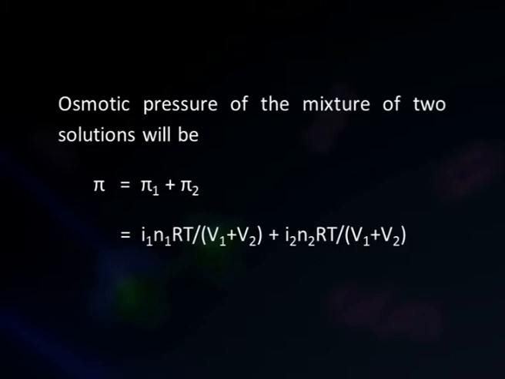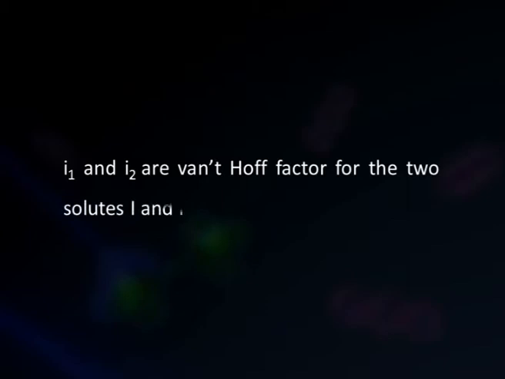Or we can say the resultant osmotic pressure will be equal to (n1i1 plus n2i2) RT upon V1 plus V2. Here i1 and i2 are the van 't Hoff factors for the first and second solutes.